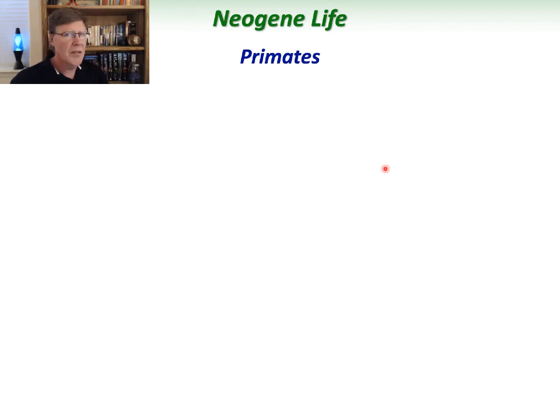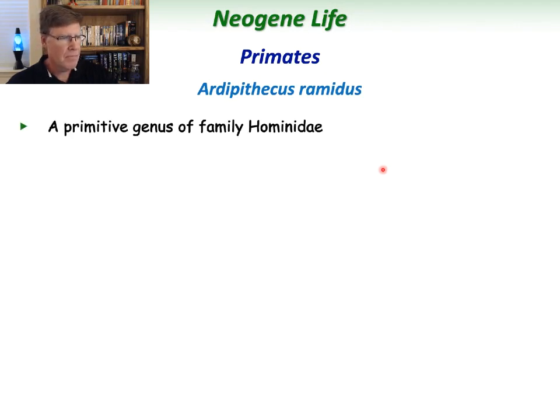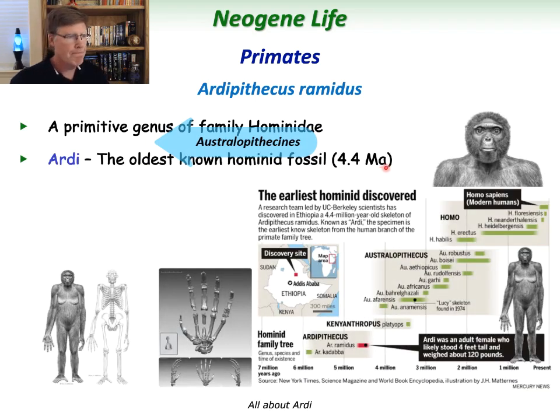Let's take a look at some of our primitive ancestors, starting with the oldest one, and this is Ardipithecus ramidus. So this is a primitive genus of family Hominidae, commonly known as Ardi. And this is the oldest known hominid fossil, about 4.5 million years.